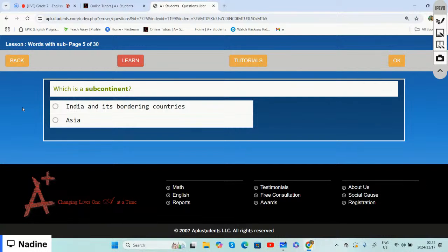All right, the next one says, this is the last one, and then we're going on to the next activity, which is words with miss. A subcontinent.